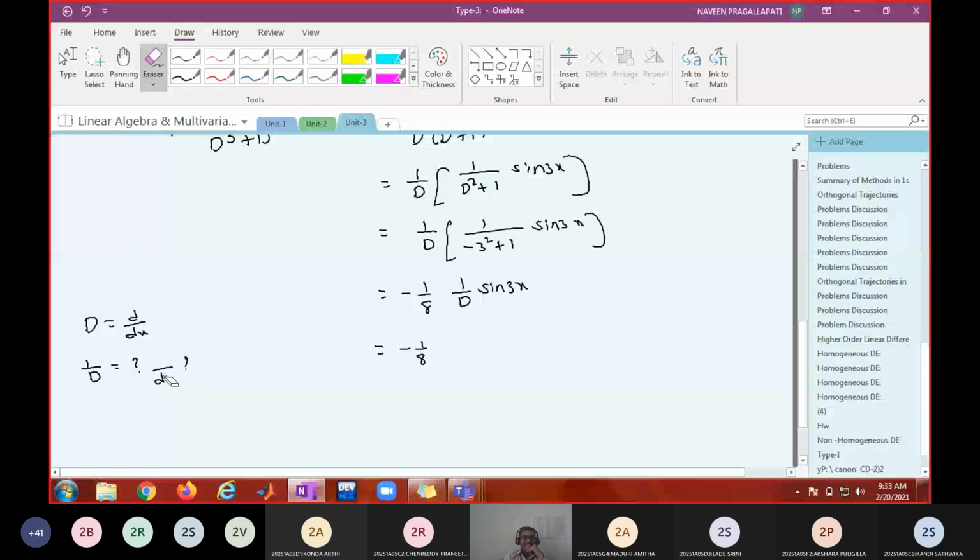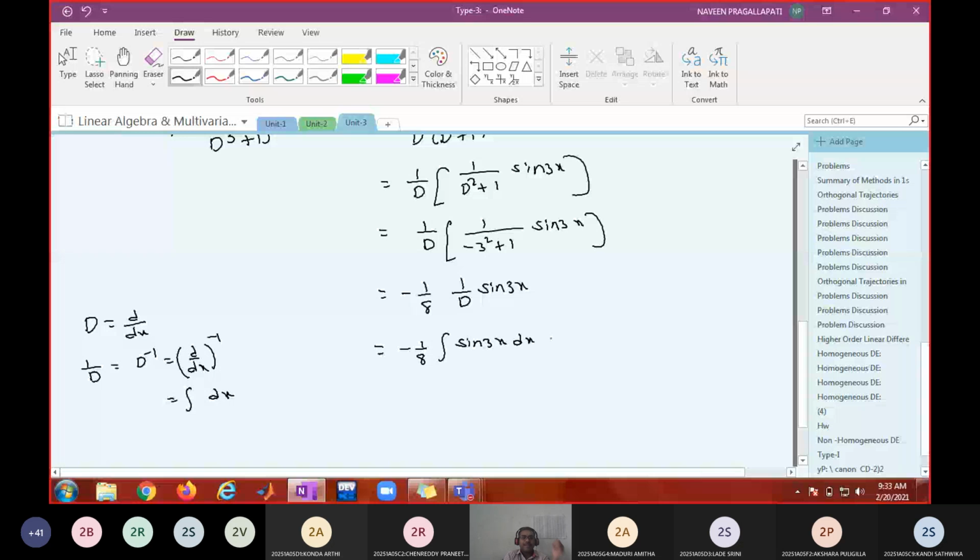Integration. Correct. Because 1 by d is nothing but a notation for d inverse. D inverse is inverse of d. What is inverse of derivative? Inverse of derivative is nothing but integral. Am I right? So this is nothing but integral sine 3x.